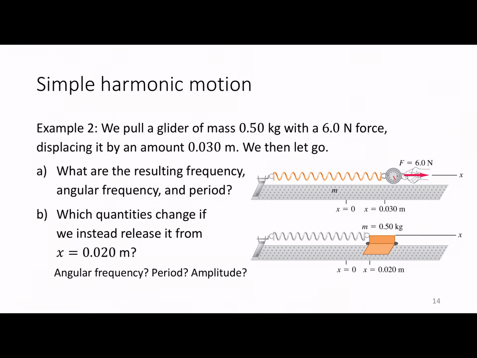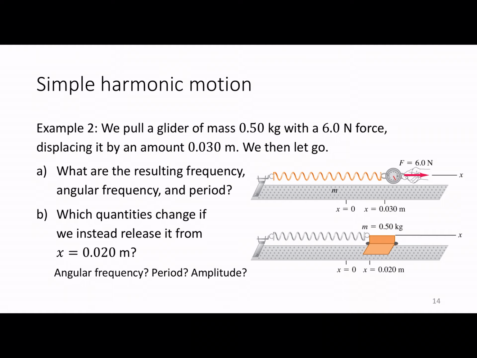All right? So there you go. I have this set up, the exact same spring constant and everything, but now, instead of releasing it from 0.03 meters, I'm going to release it from an initial displacement of 0.02 meters. So what I want you to tell me is what changes: angular frequency, period, amplitude, or multiple.